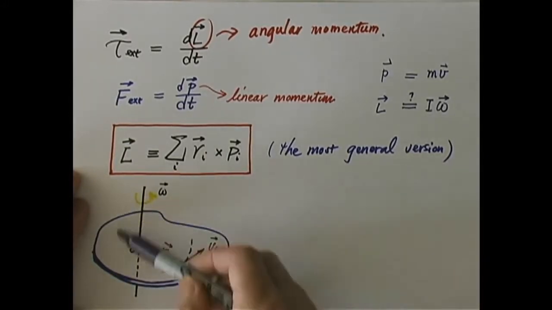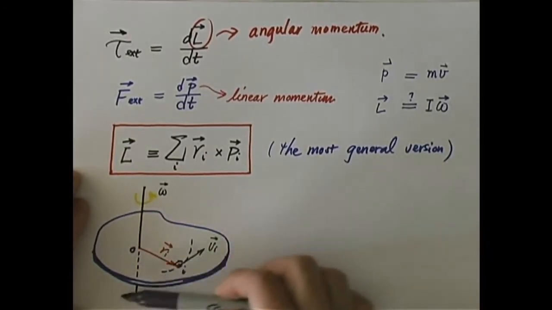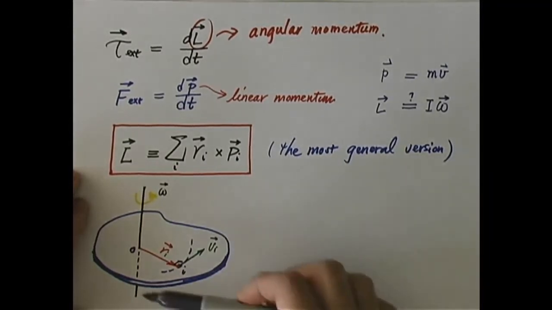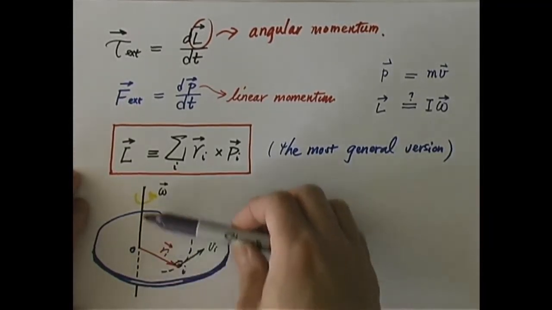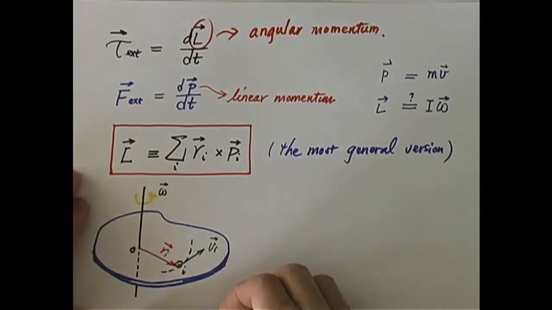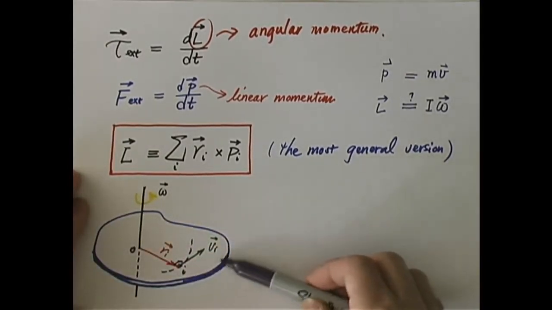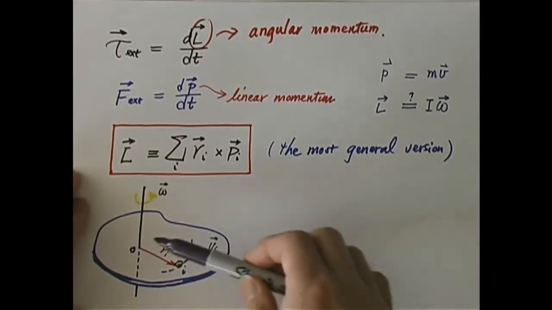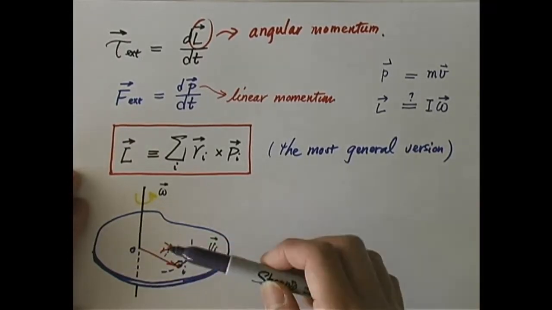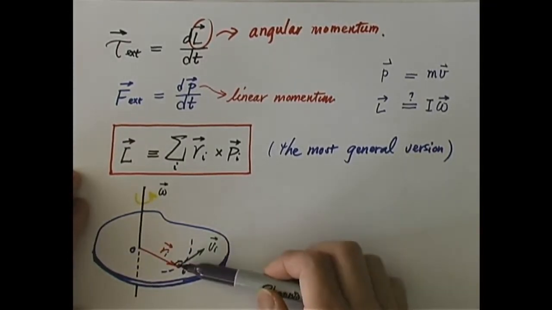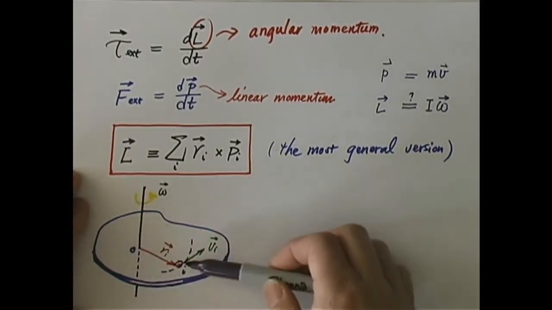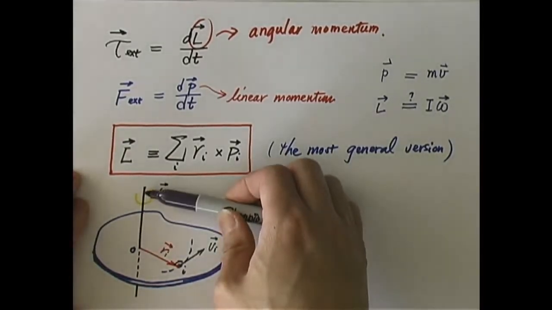So imagine I have a three-dimensional object. I can always cut it into slices, right? Each slice is a plane that is perpendicular to the axis of rotation. I'm looking at this slice first. For every point within that slice, r cross v is always perpendicular to that slice, which means it's along the direction of omega.